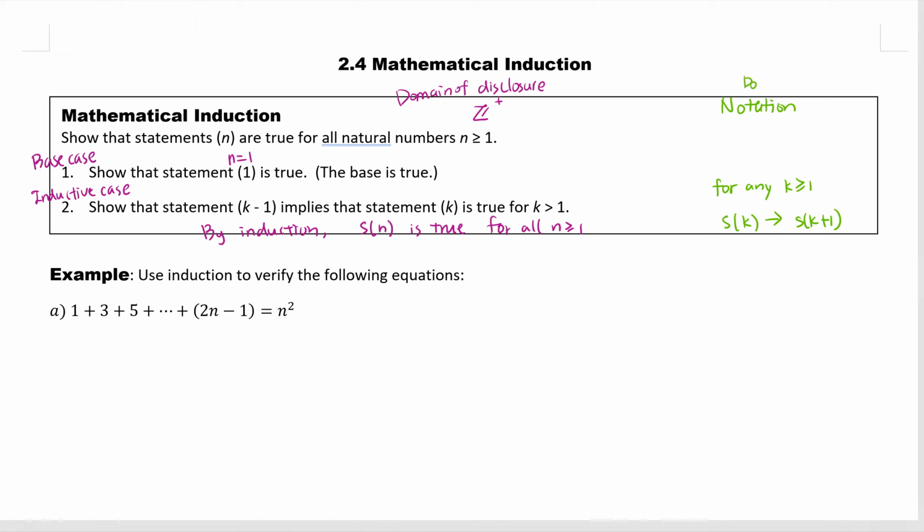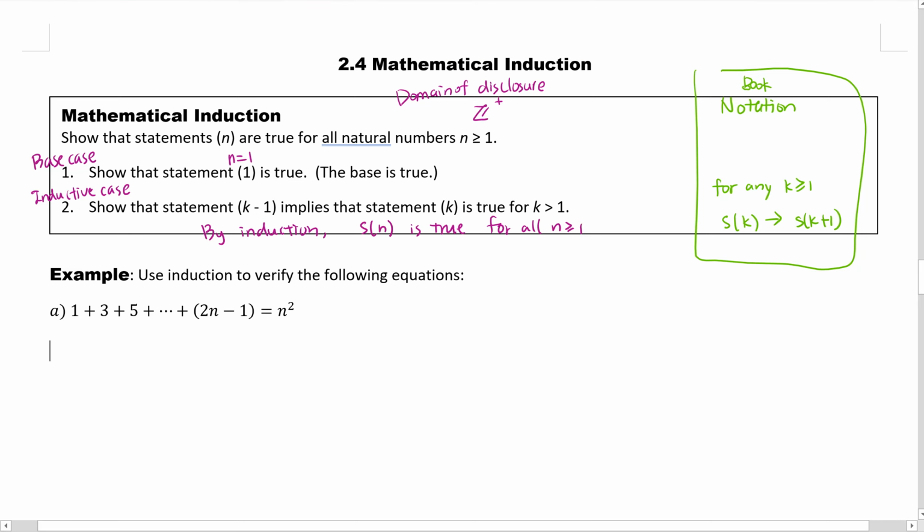However, I like our way better because at the end you see S of k, and S of k matches S of n. You simply replace n by k, so it's easier to see the formula this way. You can use either way, but just make sure to be consistent. All right, let's continue.